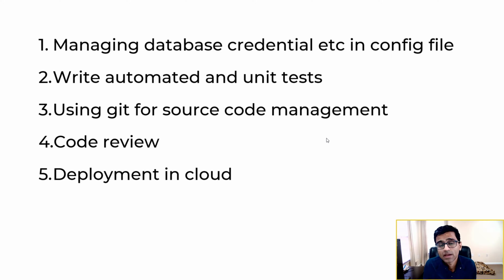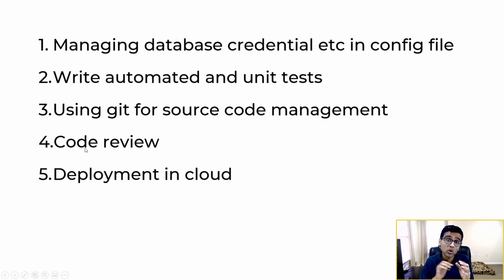People use Git as a source code management tool. So if you are doing this project along with your friend, you can work on the product module, your friend can work on the order module, and you both can collaborate and do this project together. So do this project and the exercises together and use Git for source code management, so that way you get a good understanding of Git as well.